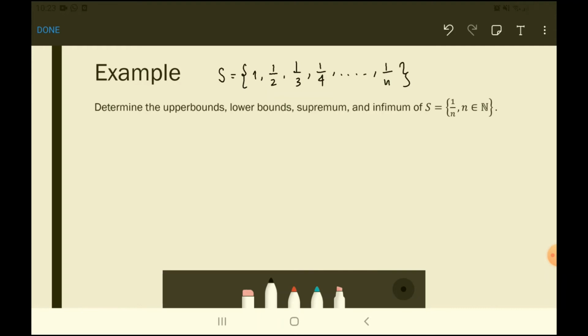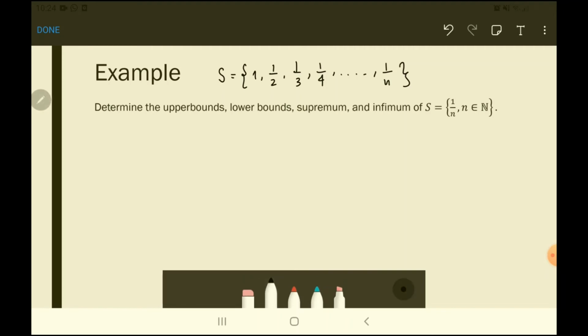So the values get smaller and smaller, and we know there must be a greatest value of all those elements.